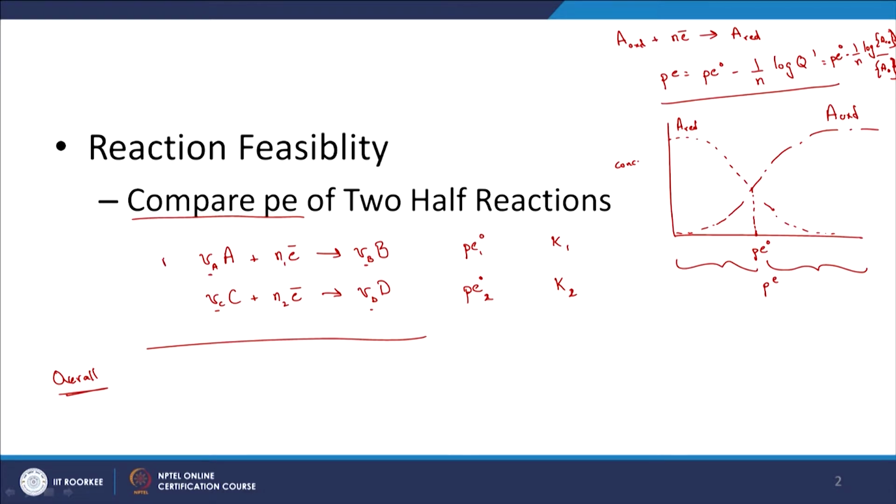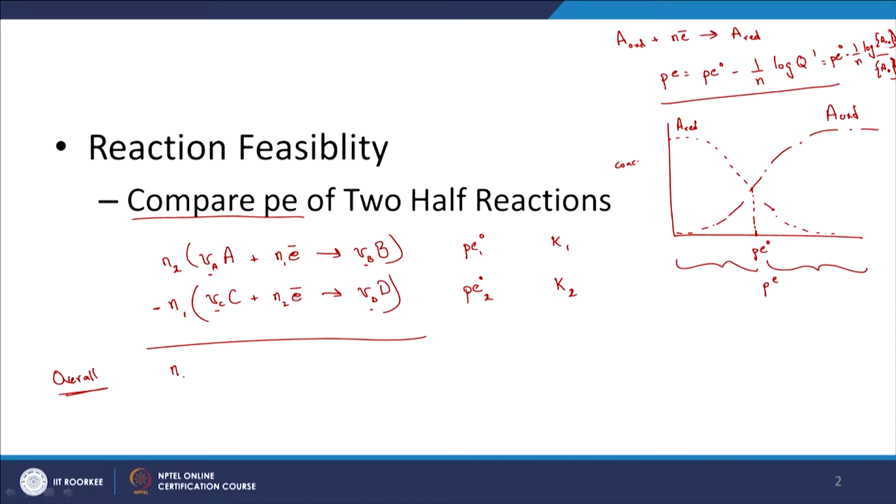I need to multiply the first one by N2 and the second one by minus N1, and why is that? Obviously, I need to be able to cancel out the relevant electrons, or the number of electrons being transferred needs to be the same. So, let me write that out here.